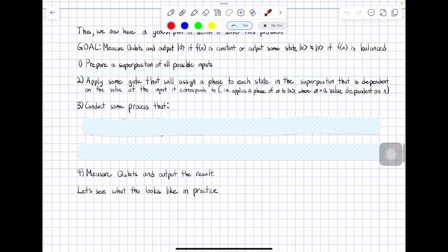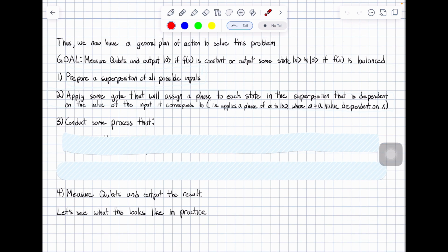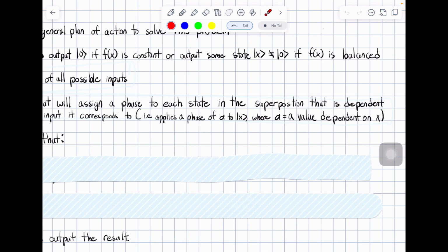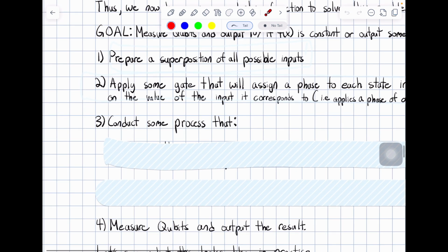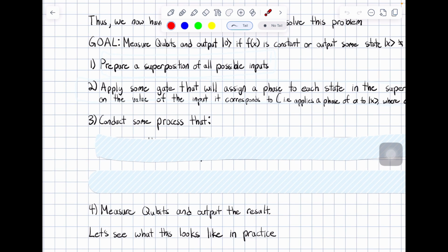Okay, just to recap, our goal is to measure qubits at the end of our circuit and output 0 if f of x is constant, or output some state x that is not equal to 0 if f of x is balanced. And then this is our step-by-step plan of how we're going to do this.